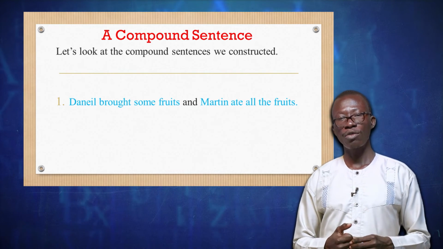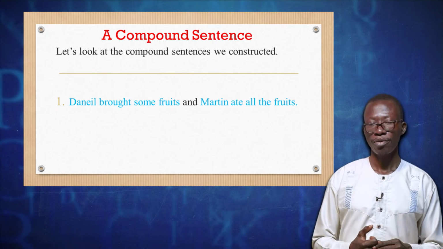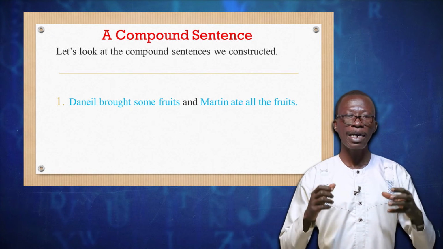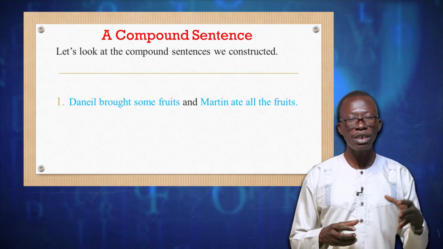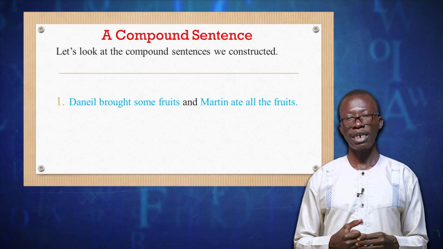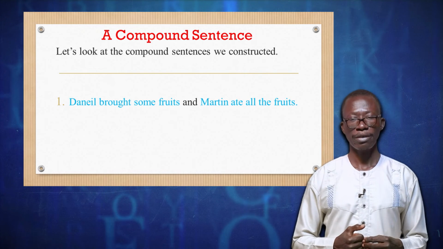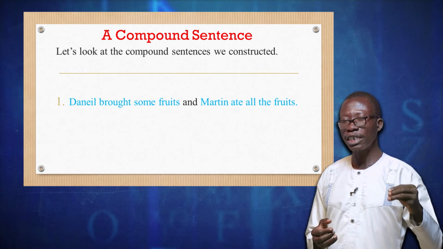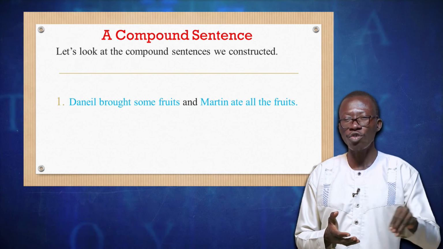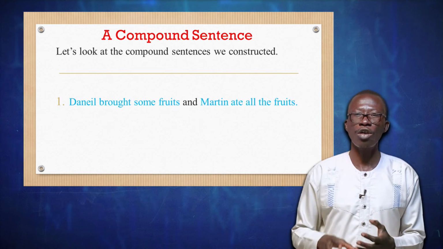Then we have the second one: our leader asks for contributions and someone gives his opinion. In the same way, the speaker puts equal weight or equal importance on each part of the sentence, that is, on the two independent clauses. So the importance the speaker put on Daniel brought some fruit is the same importance put on Martin ate all the fruit.